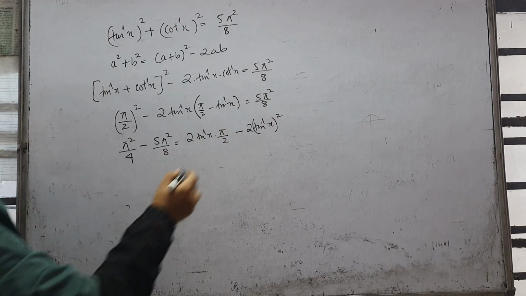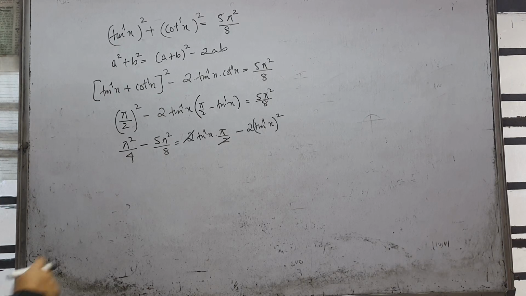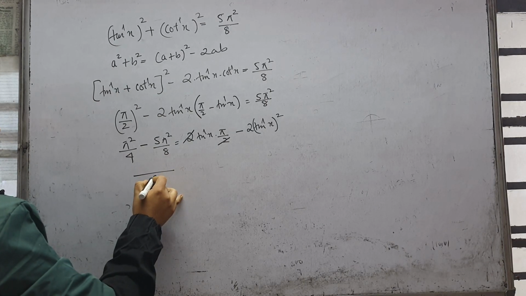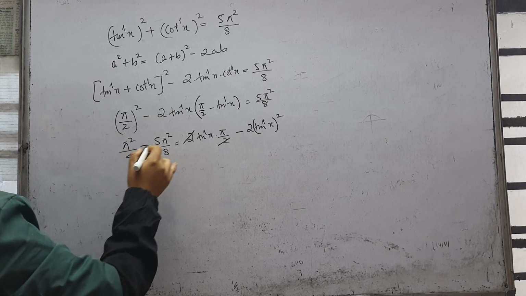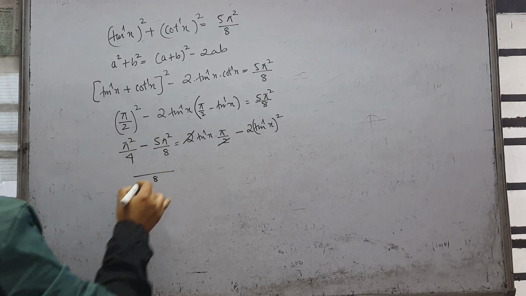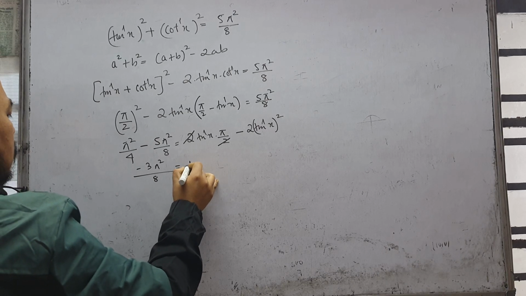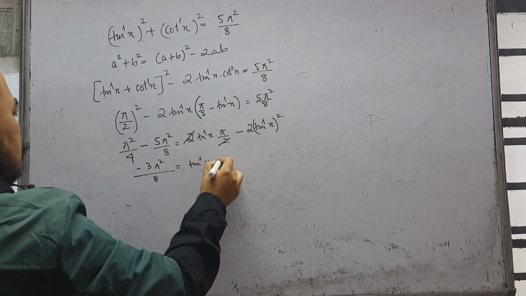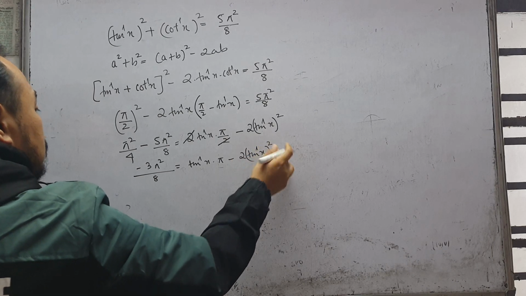Is it clear? So see, 2 and 2 get cancelled. I hope you're understanding. So what is the LCM? 8. 4 how many times? 2. So what do you get? Minus 3 pi square is equal to tan inverse x into pi minus 2 tan inverse x whole square.